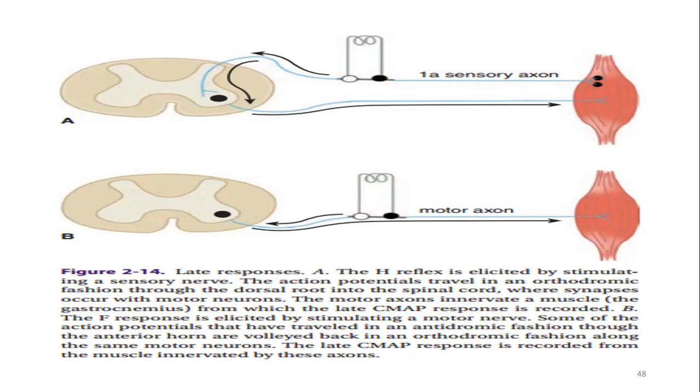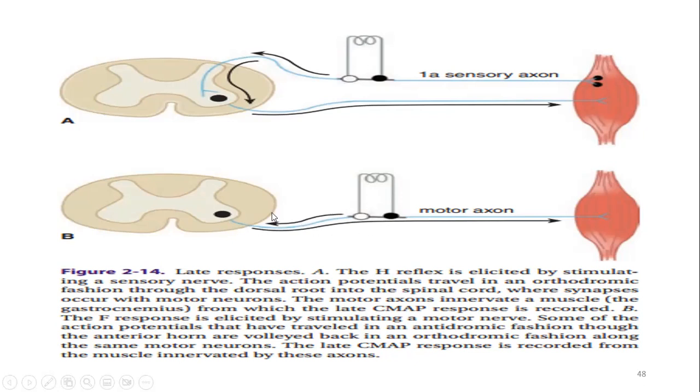When you stimulate the electrode, we can measure the impulse transmitted distally, and some of the impulses travel back antidromically.